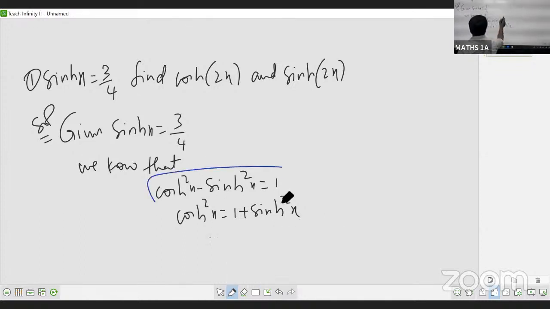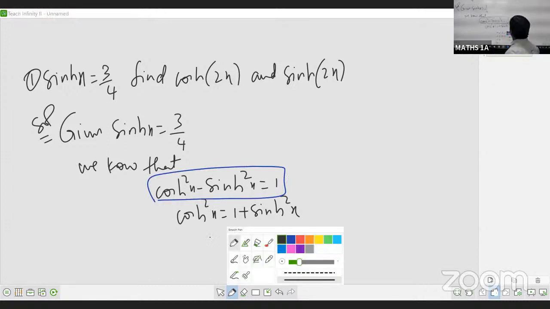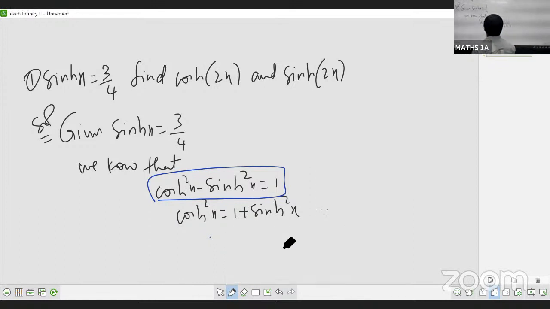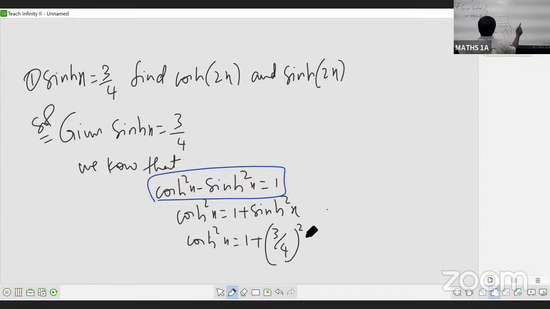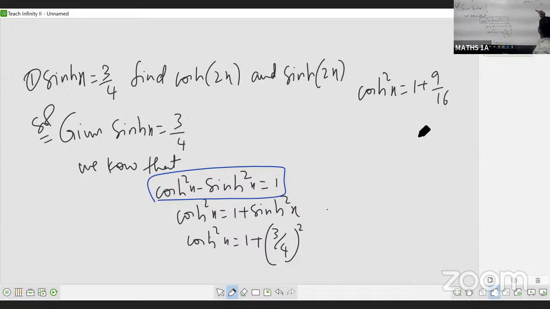In hyperbolic, cos h square x minus sin h square x is 1, so cos h square x is 1 plus sin h square x. Correct? Then cos h square x equals 1 plus (3 by 4) whole square. Then cos h square x is 1 plus 9 by 16, that is 25 by 16.